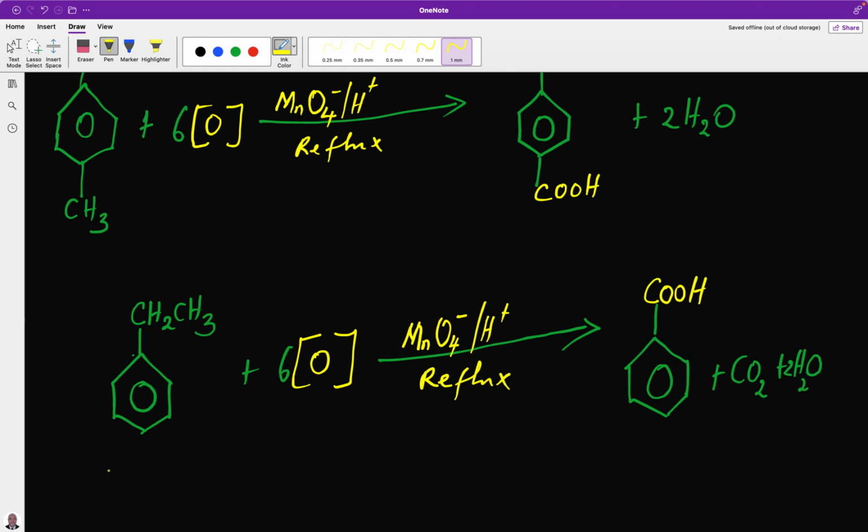This is ethylbenzene. Ethylbenzene will give us benzoic acid, still benzoic acid.